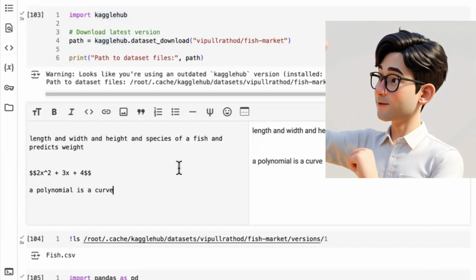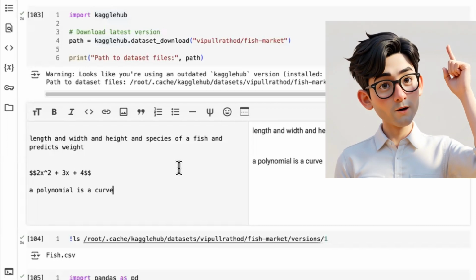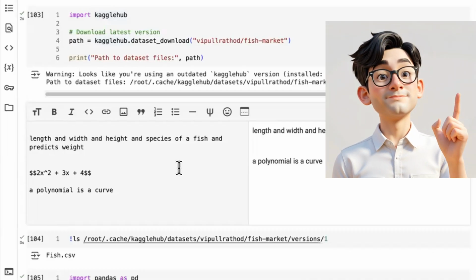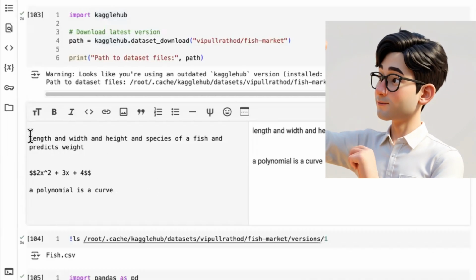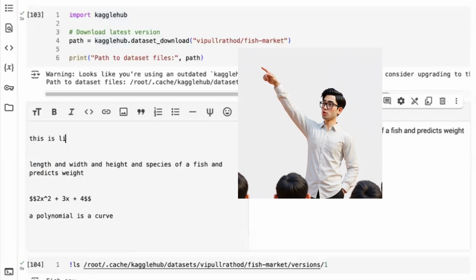Certain kinds of fish are heavier than other kinds. So this is all linear, right? You can just multiply the first one times 2, the second one times 3. So I don't know why they called it polynomial. This is linear, not polynomial.